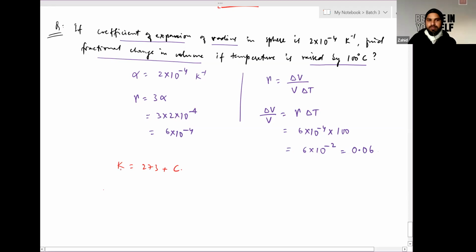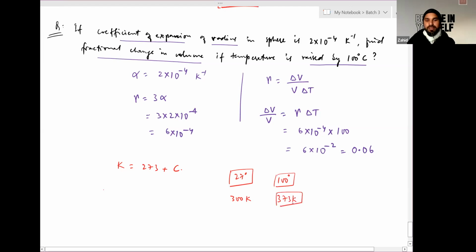So if you have to calculate change in Kelvin, let's say the initial temperature is 27 degrees Celsius and some final temperature is 100 degrees Celsius. For this, if you calculate in Kelvin, it will be 300 Kelvin. And for this, if you calculate in Kelvin, it will be 373 Kelvin.